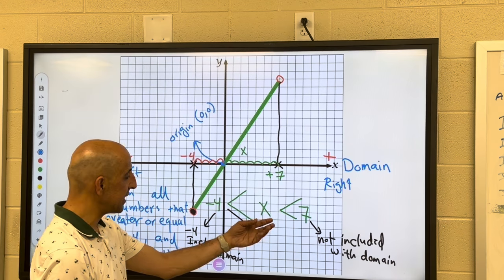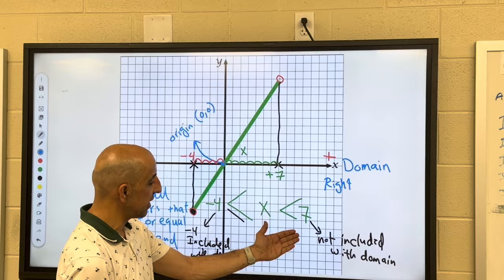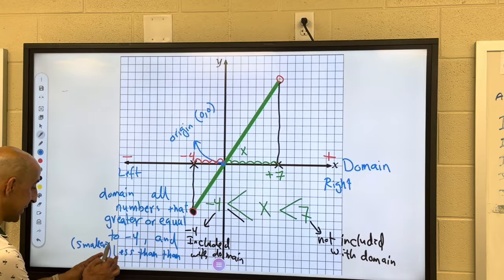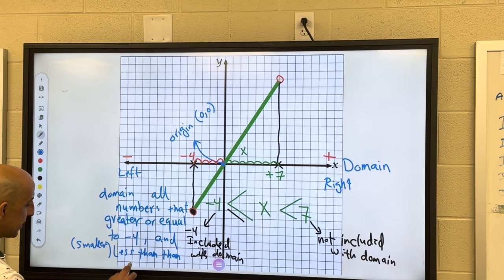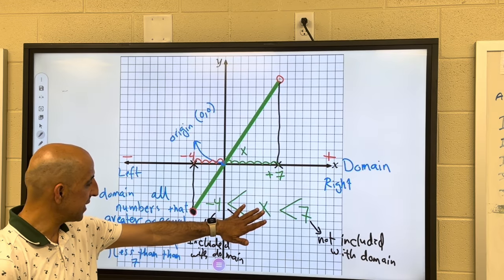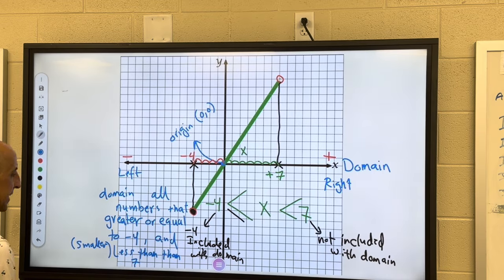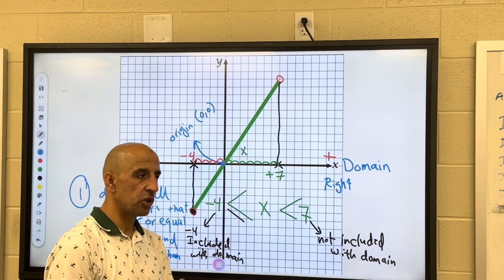But I cannot say or equal. I cannot use equity because, as I said, 7 is not included. So it is less than 7. So I can represent the domain like this, an interval between -4 and 7. Let's say that this is the first way to represent the domain.